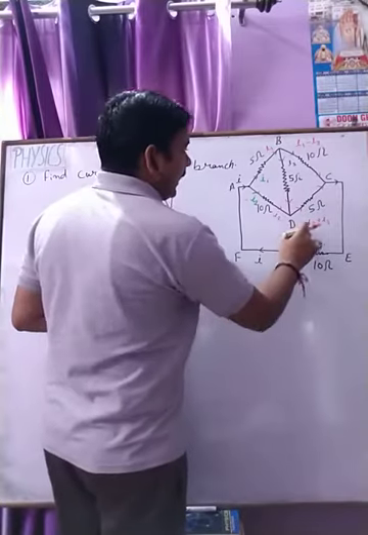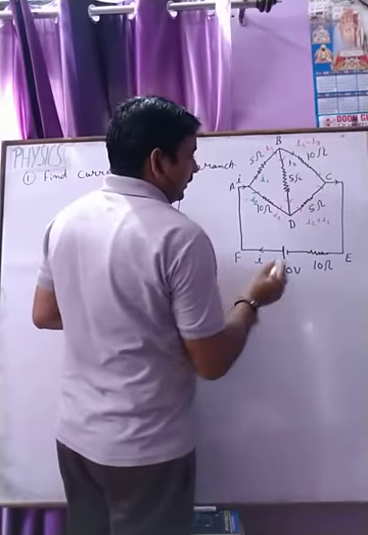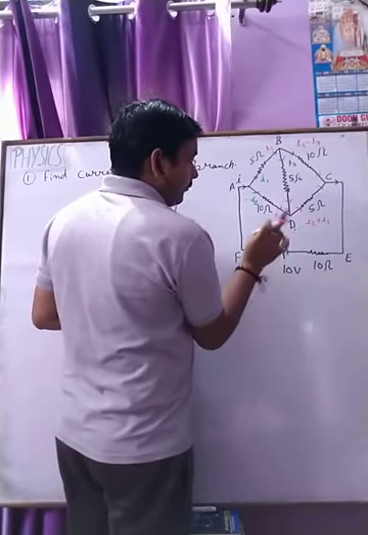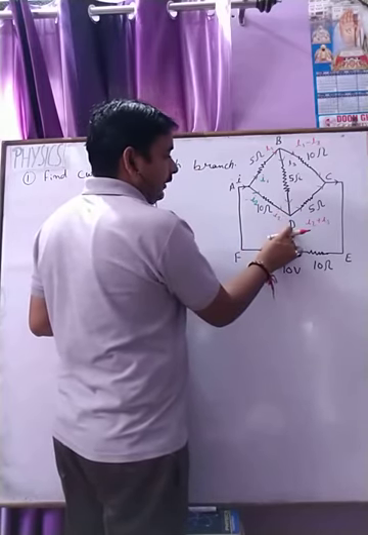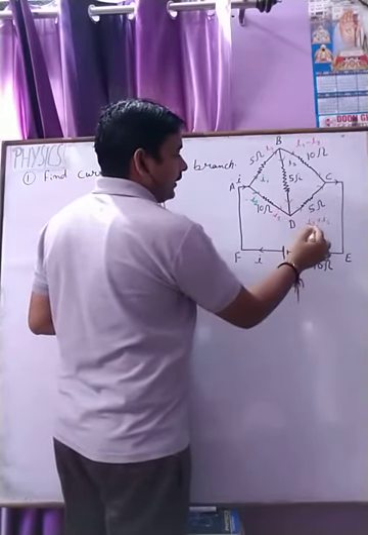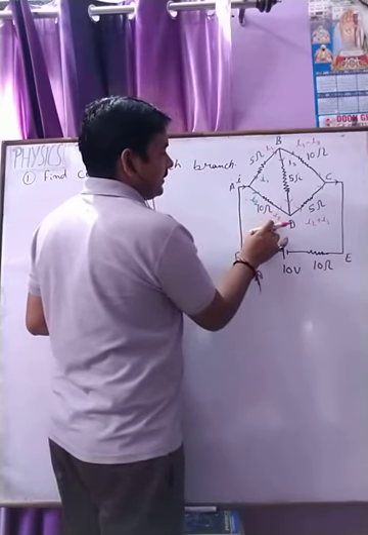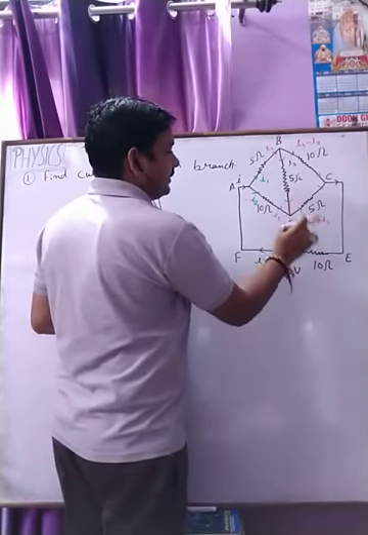When these two currents reach C, first the current D to C is I2 plus I3, because in this branch is I2 and in this branch is I3.